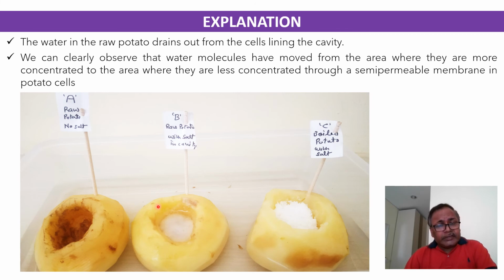So from these cells, the water is moving into the cavity and dissolving the salt. Right. So these potato cells are being recharged by the water moving from the tray into the cells.